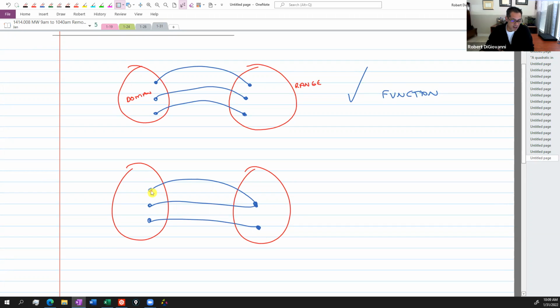So does that input go to an output? Yes, right? Does the second input go to an output? Yes, right? It goes somewhere, doesn't it? Now it goes to the same place the first input goes, but to be a function, all we need is one in, one out. As long as that happens, it's a function. This one, one in, one out. This is a function.